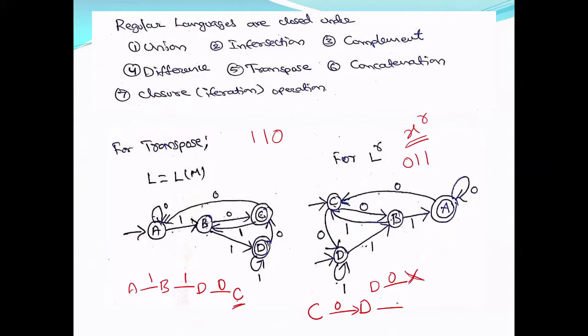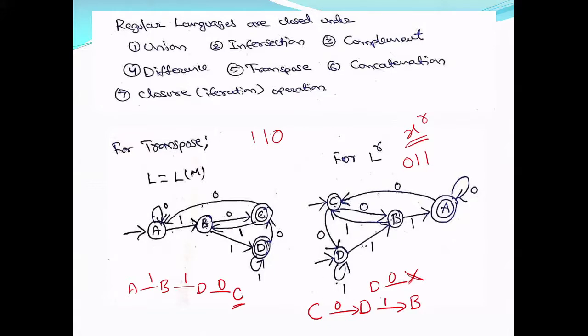Then D on 1, your next input symbol in XR is 1. So D on 1 is D or B. If you go to D, you may not get the correct transition. Let me go to B, because this will no longer be a DFA, it will become an FA. So either you go to D or you go to B. I'll go to B. If you go to D, it may not accept it.